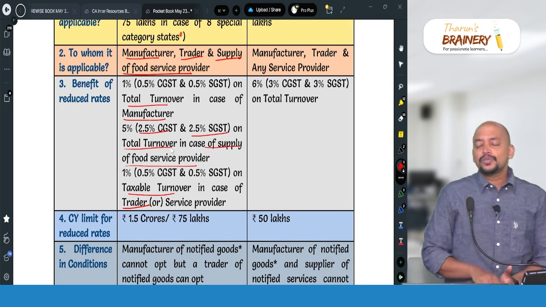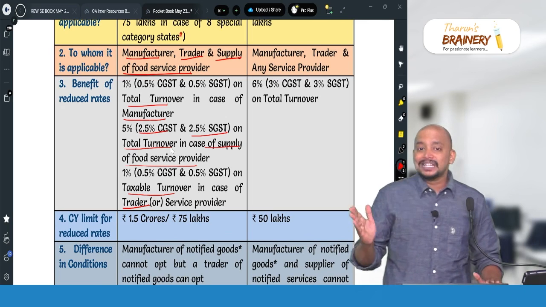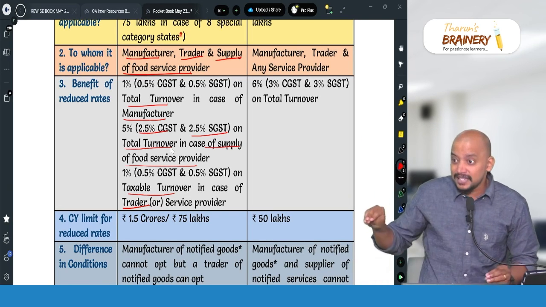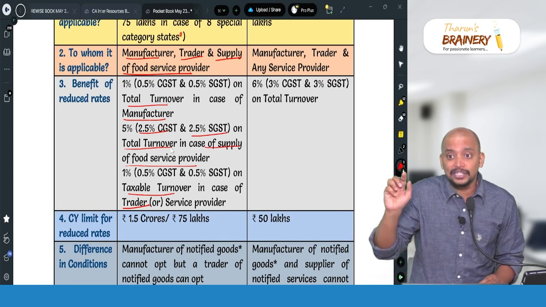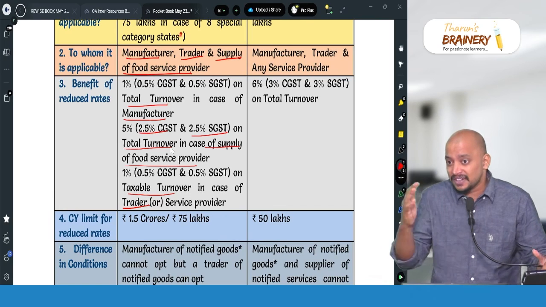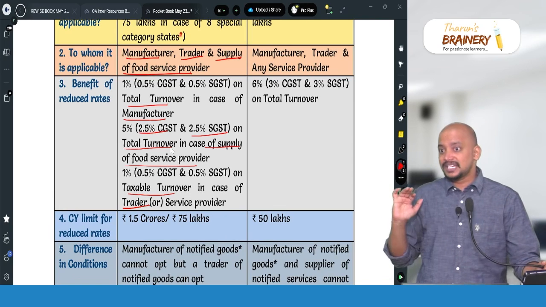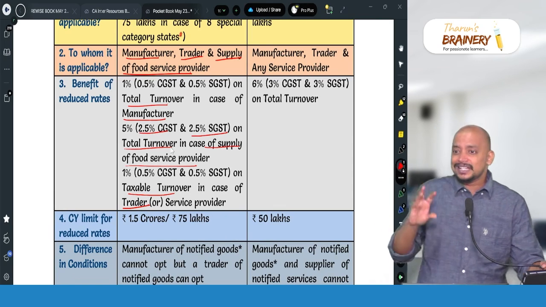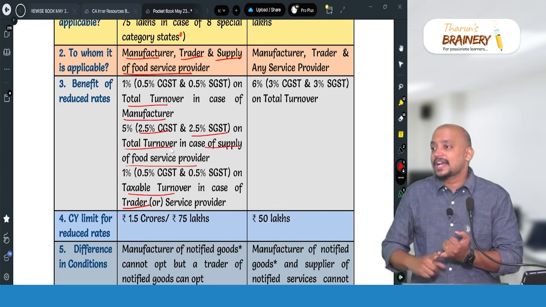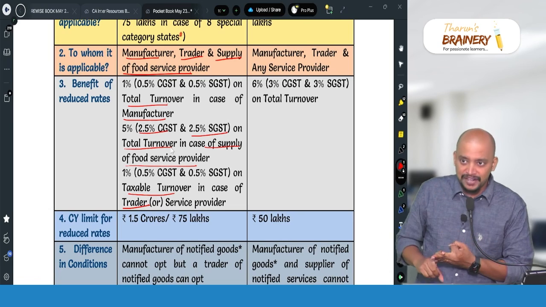A person opting for composition scheme under 10 subsection 1 can render any other services up to 10% of turnover during the previous year or 5 lakhs, whichever is higher. So to that extent they can provide service. First of all, 10.1 is applicable to whom? Manufacturer, trader or food service provider.